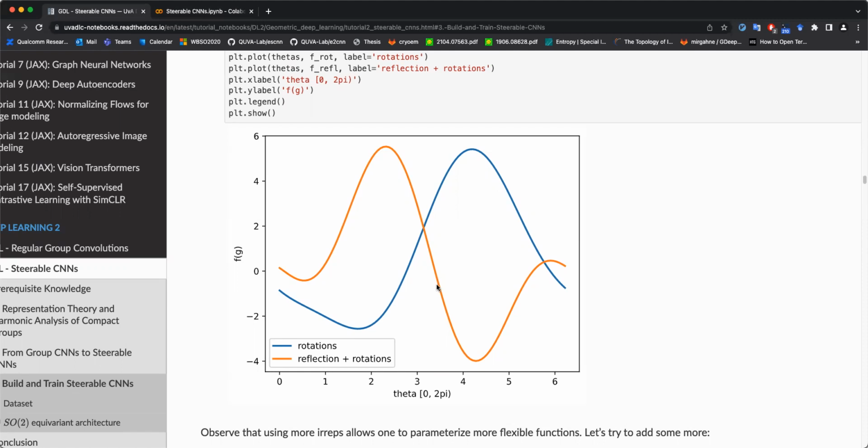This is equivalent to SO2, and this is equivalent to SO2 followed by a reflection. And then we just plot it as 2 different functions over these 2 different rings, essentially. It's just for plotting purposes. Don't worry about it.